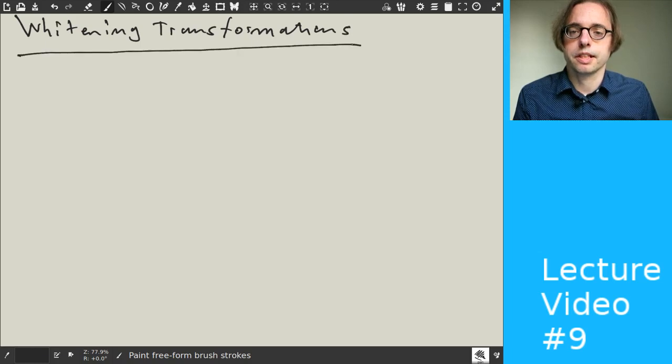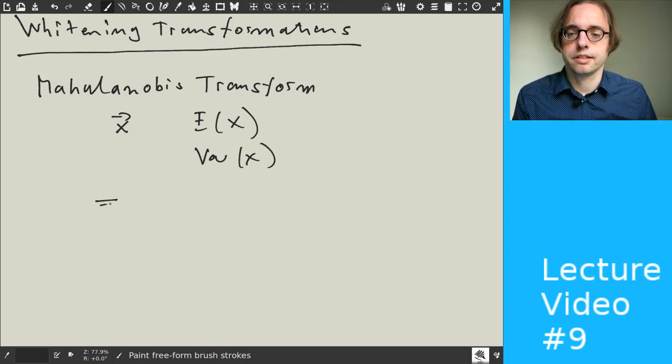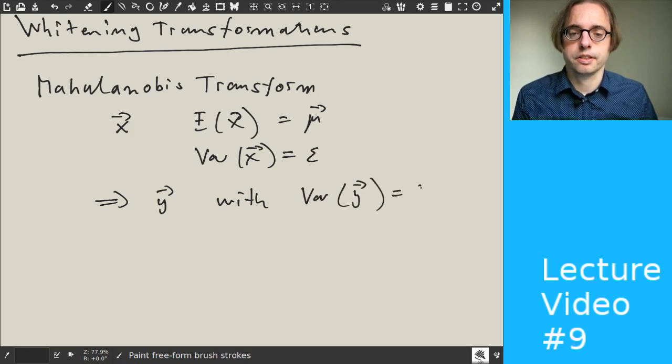We've seen as example the Mahalanobis transformation, and the effect was we started with x, and x had some mean and some variance, and later x was transformed to y, and then this y had covariance equal to the identity matrix.